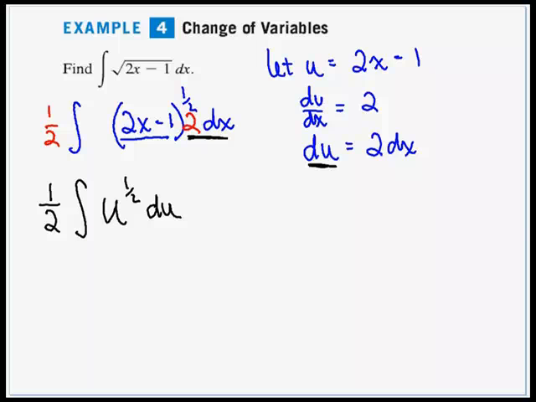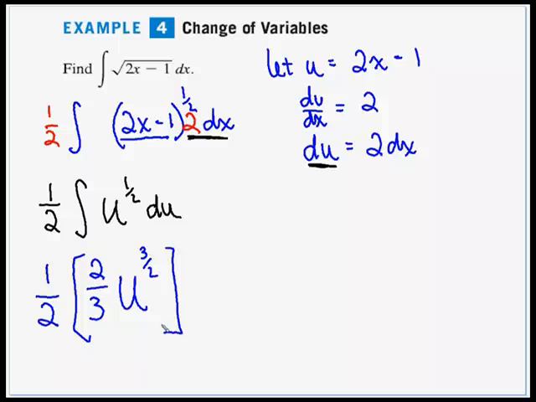Now this makes it a little easier. The 1/2 stays, constant multiple. We raise the power by 1, u to the 3/2, and we would divide that by 3/2, or multiply by the reciprocal, 2/3. And then we add our constant at the end. And because we just have a couple fractions here, we can see those reduce on the diagonal.